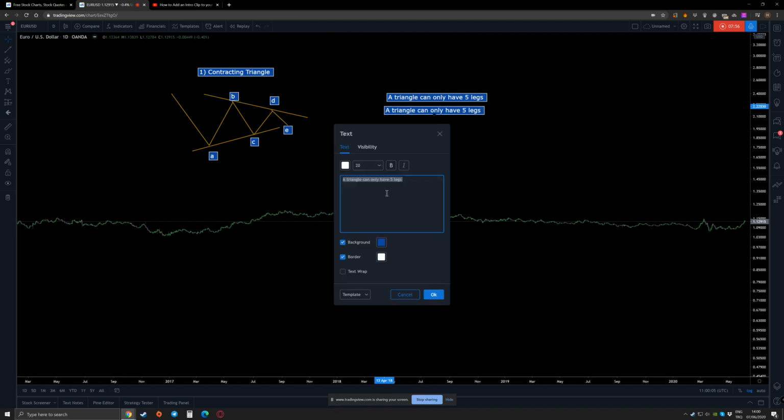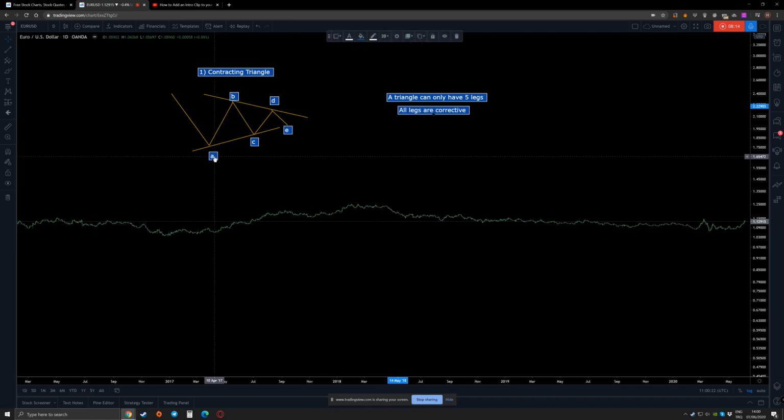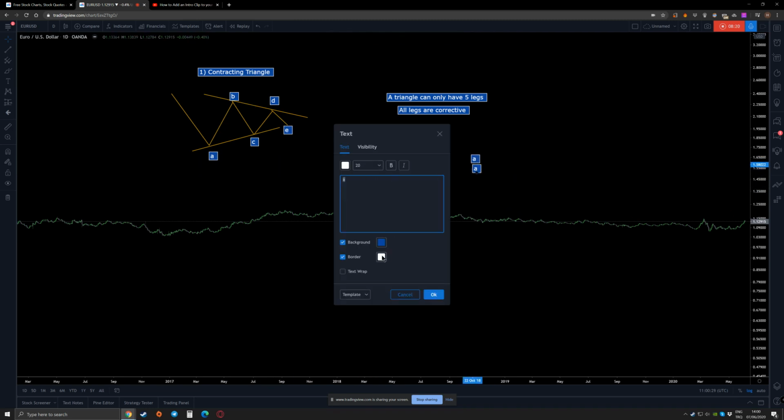The second rule is that all of these legs are corrective. So if, for example, our degree is this one, and you want to go one lower, let's say one lower is this, and you do this.